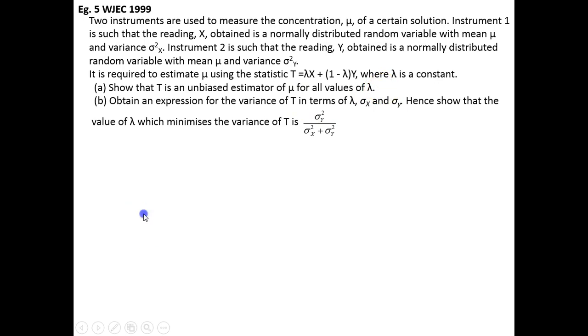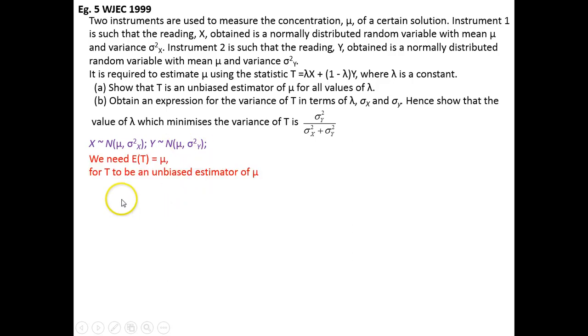We'll do that first. Therefore, we've got x being normally distributed with mean mu and sigma squared of x as its variance, and y being normally distributed with mean mu and sigma y squared as its variance. We need the expected value of t to be mu if it's to be an unbiased estimator. So expected value of t is the expected value of that combination.